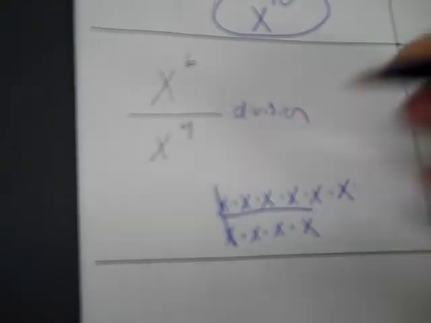Now in division, for every factor I have on top, if I have that same factor on the bottom, those cancel. Boom. For every x factor on the top, if I have a bottom to match, cancel. Cancel. Cancel. Now I can't cancel anymore because I don't have any more x's on the bottom. So how many x's do I end up with? Well, 2. So that's x to the 2nd power.